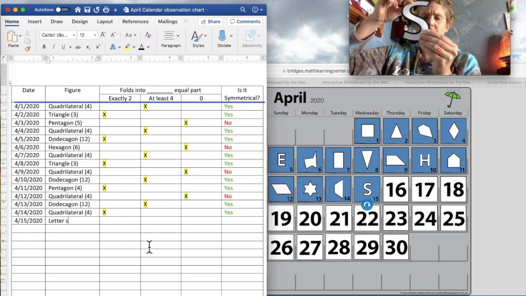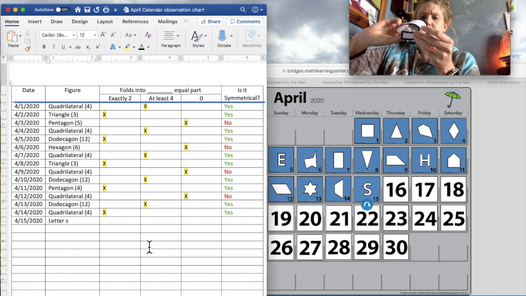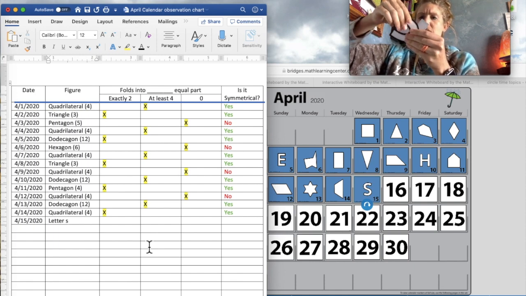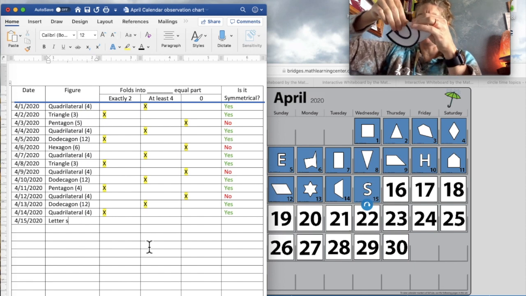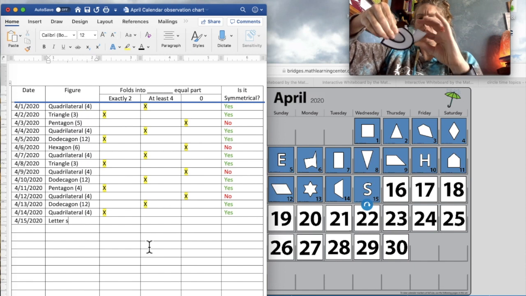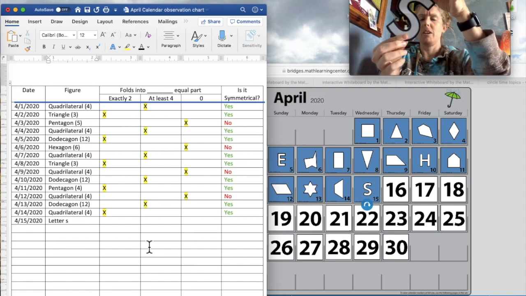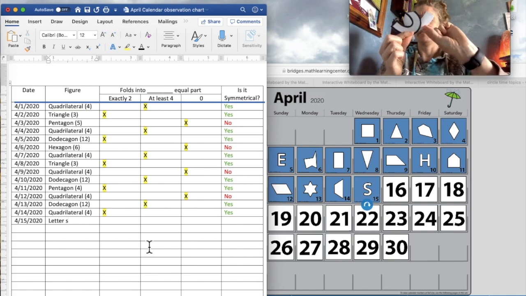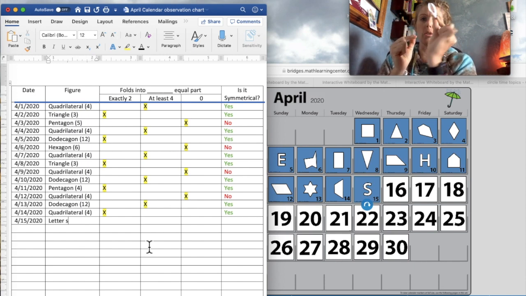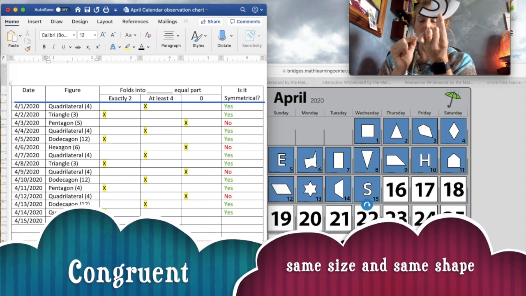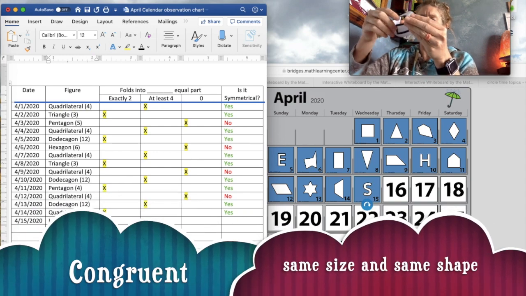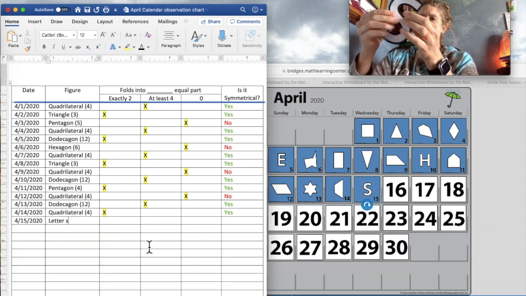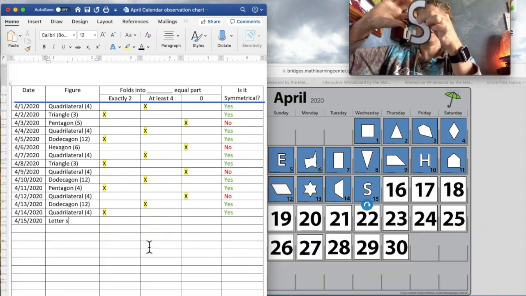Let's try bottom to top. So if I fold bottom to top, I get some craziness going on there. Do we have where they would match? Nope, I do not see two congruent parts, same size, same shape. Okay, so let's try this way.